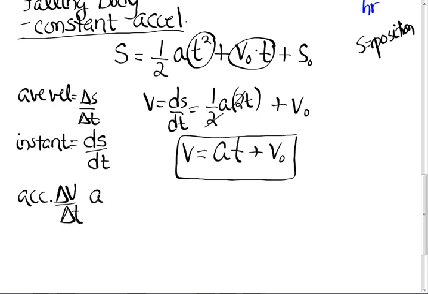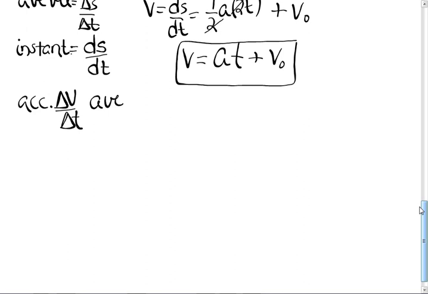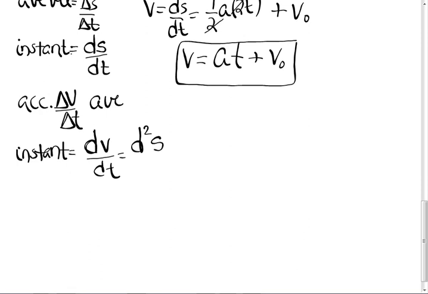Now this is average. How do you find the acceleration at an instant? How about instantaneous? It's the derivative of the velocity with respect to time. Or it's the second derivative of the position.